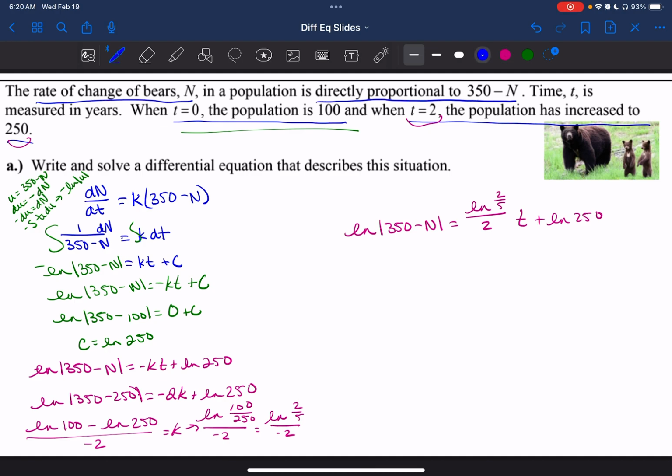Okay, exponentiate both sides. Left-hand side then becomes absolute value of 350 minus n equals, okay, here we go, e to the natural log of 2/5 all over 2 times t plus the natural log of 250.